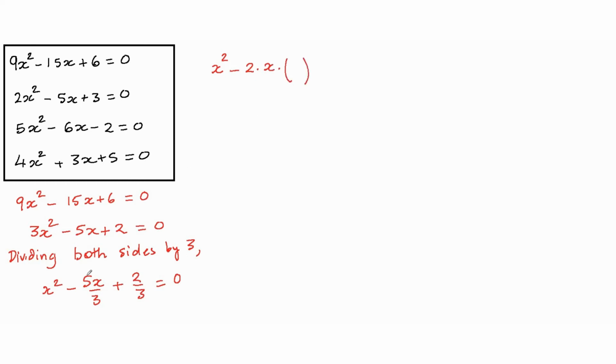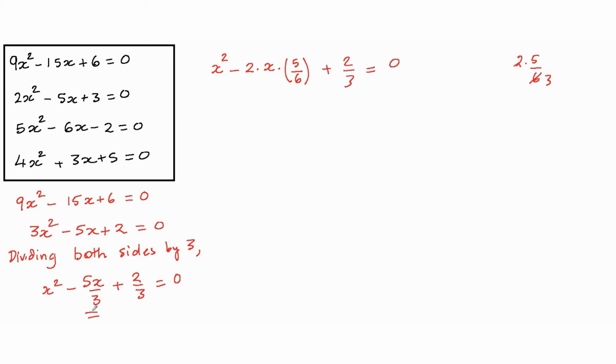So to find b, what I will do is I will multiply the denominator by 2. So this becomes 5 upon 6, right? So a quick check, 2 into 5 by 6. If you simplify 2 and 5 by 6, you get 5 by 3, which is the middle term, right? So this 5 by 6 is correct, plus 2 by 3 is equal to 0.